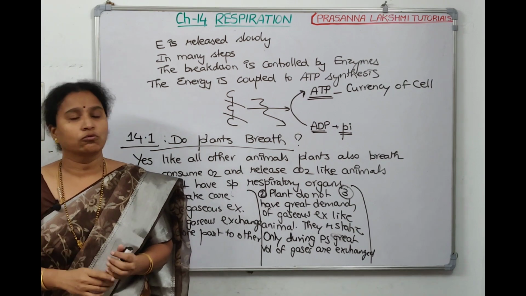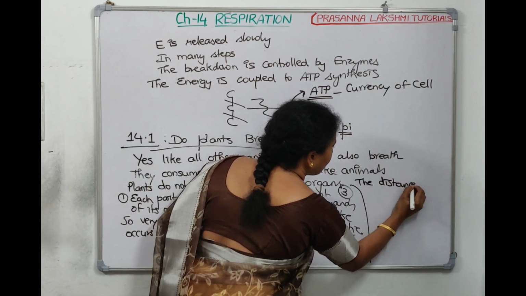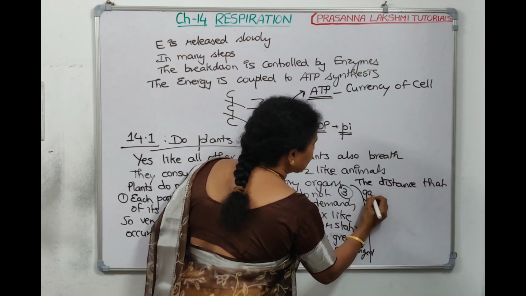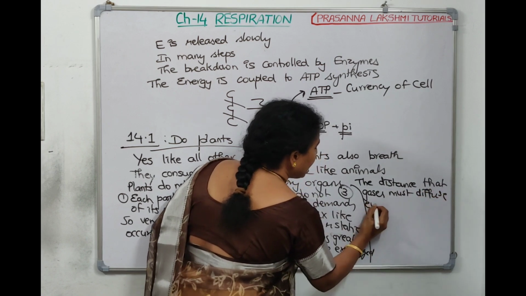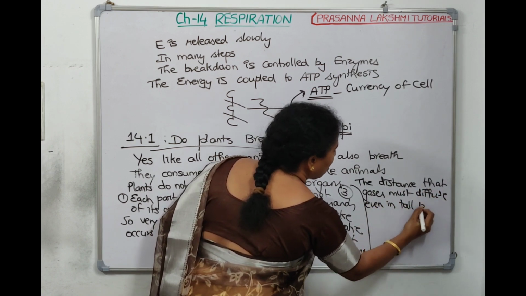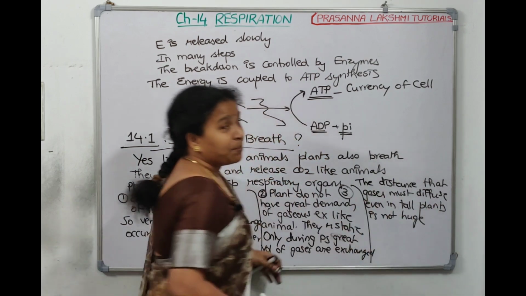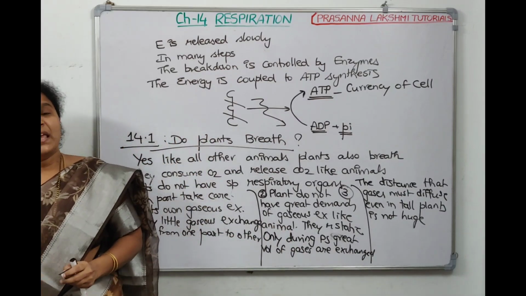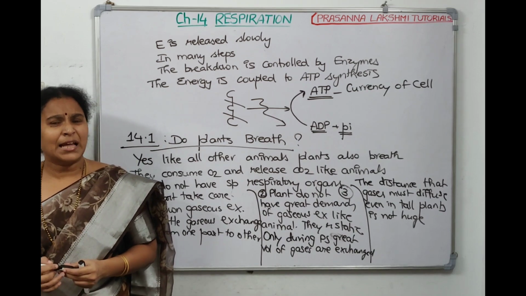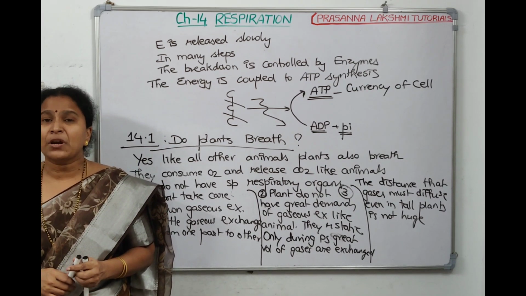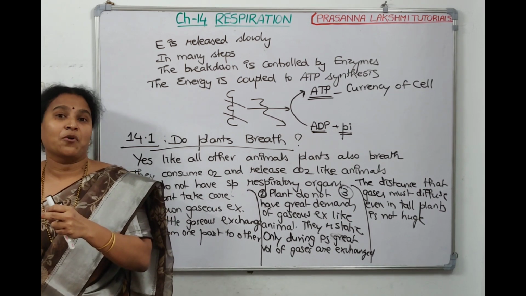And the third point they tell is that the distance that gases must diffuse, even in tall plants, is not huge. Plants are much taller than us, but even in tall plants the distance gases diffuse is not that huge compared to animals, because each part of the plant is somehow in contact with the outside atmosphere, right?